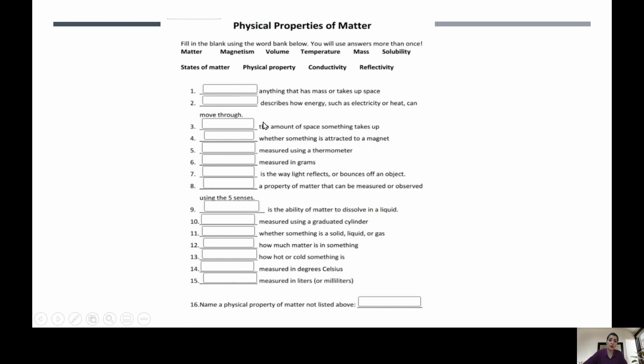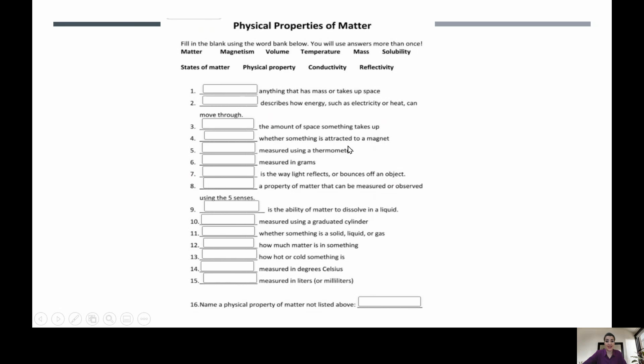Okay? Let's recap together the physical properties. Anything that has mass and takes up space, this is matter. Describing how energy such as electricity and heat can pass through them, this is conductivity. The amount of space the object can take is volume.